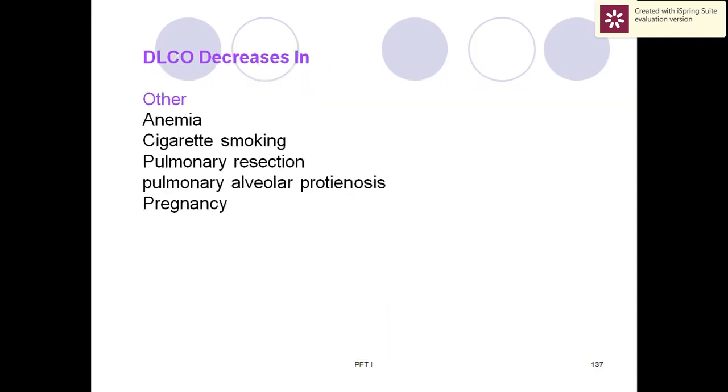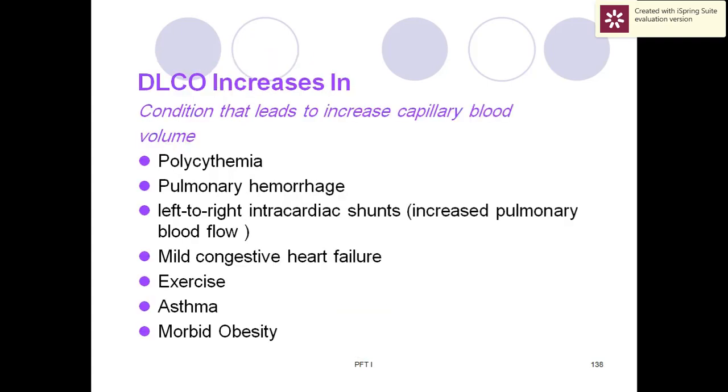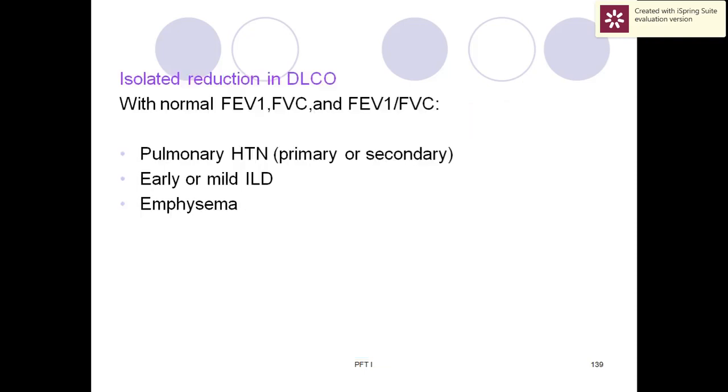As we said, TLCO increases in pulmonary hemorrhage, sometimes in pregnancy, in asthma and after pulmonary resection, because it relates to polycythemia and anemia. Polycythemia, pulmonary hemorrhage, exercise, asthma and mild obesity also increase it. Isolated reduction in DLCO suggests pulmonary hypertension, sometimes early or mild interstitial lung disease or emphysematous changes.